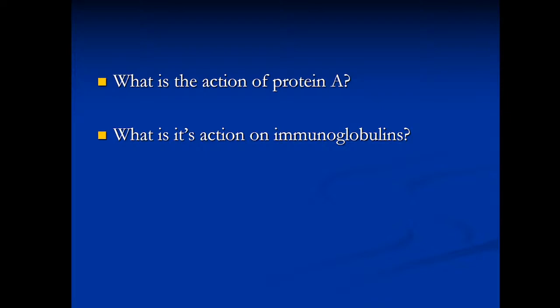Why does it do that? What's the action of this on immunoglobulin? It naturally absorbs the Fc portion of the immunoglobulins, rendering opsonization useless. So usually bacteria are opsonized, but because of protein A, it absorbs the Fc portion and neutralizes the action of the opsonization.